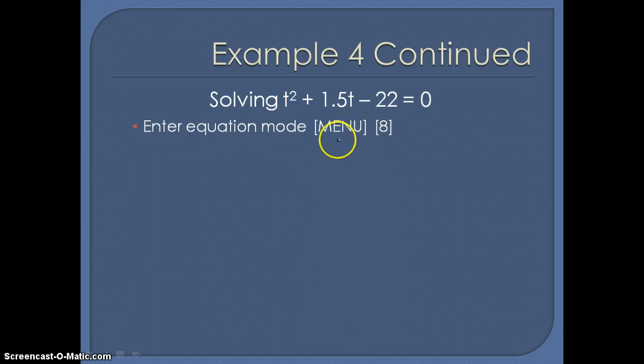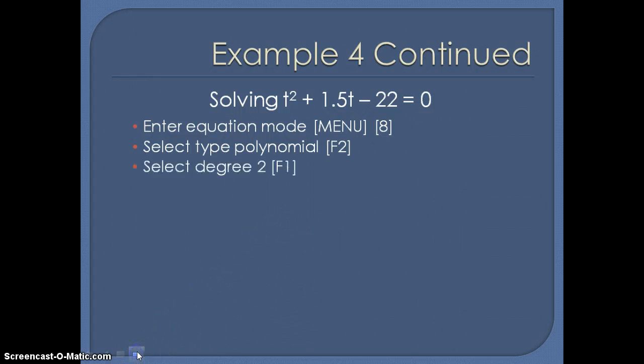And you can do this by pressing the menu key and then entering mode number 8. You then need to select the type of equation you'd like to solve, so we're going to choose polynomial because a quadratic is a type of polynomial. Then we're going to select degree 2. If you remember, the degree of a polynomial is the highest power, so in a quadratic the squared term is the highest power.